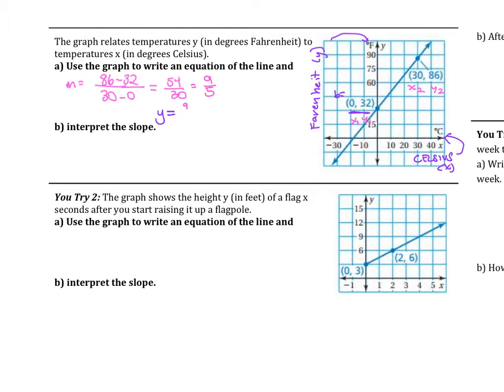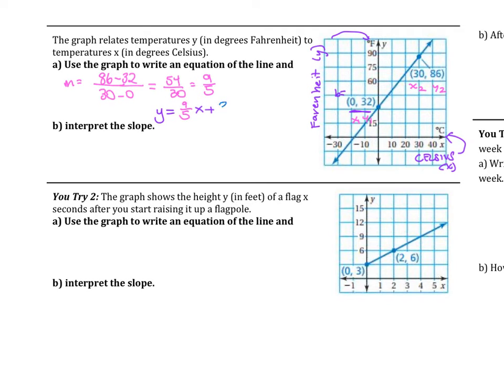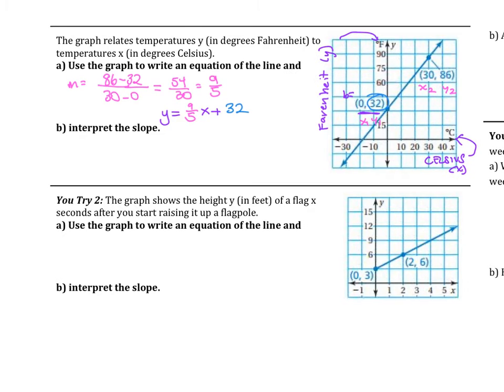Y equals 9/5 x plus the y-intercept of 32, right? The y-intercept is here at 32. Now interpret the slope. So what does 9/5 mean? So again, this is relating Fahrenheit to Celsius.